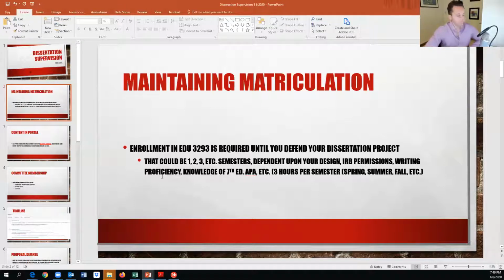So let's say you couldn't quite defend by December 10th or whenever the semester ends generally, but you could defend January 30th. That falls within the first 2 weeks of the next semester. Instead of enrolling in EDU 3293, there's a workaround where you sign up for this other class that's like $100 or something. It's basically just a workaround to keep you on the books, but you don't actually have to pay for that supervision. Makes sense.